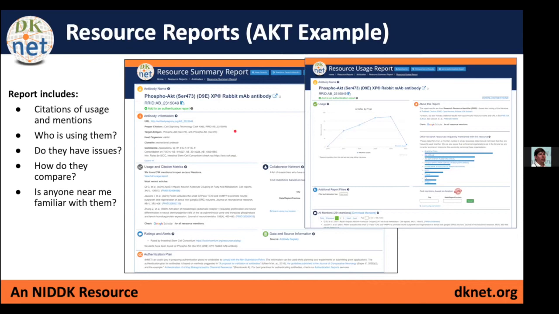The reports give a number of different areas of information, from overview information on usage and citation in the open access literature, that we can do natural language processing on in PubMed Central, and also providing ratings and alerts. Basically, using services similar to the discovery services, we can aggregate information about these resources themselves.